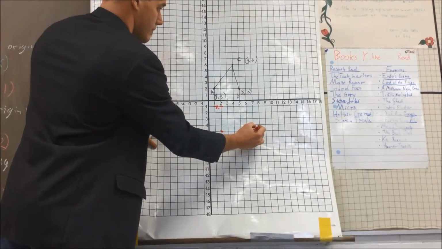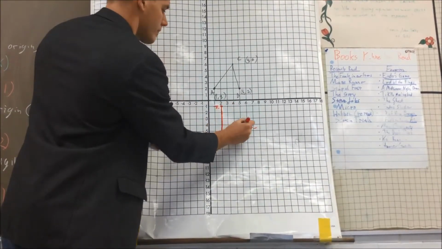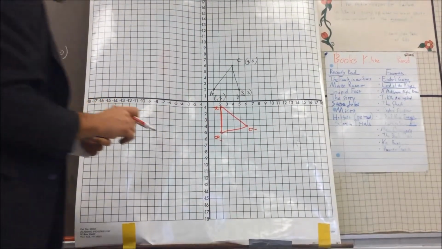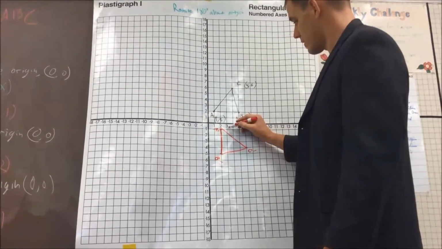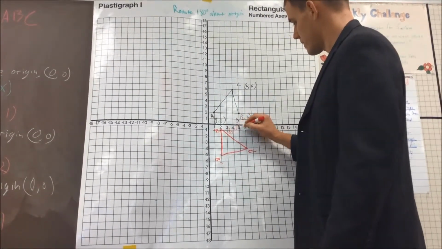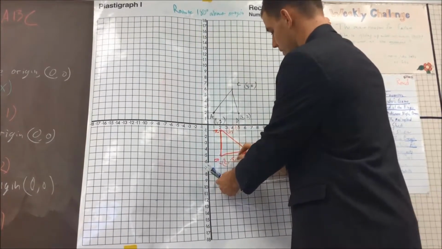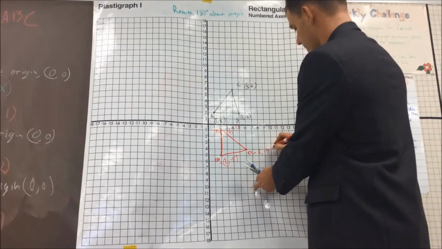That's C prime. Coordinates for this are 2, -1, 2, -5, and 6, -4.